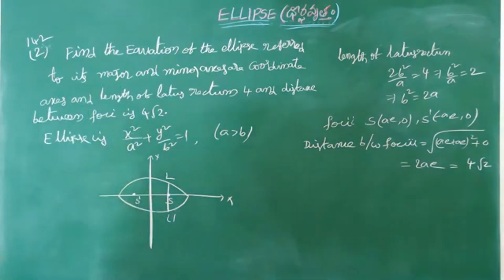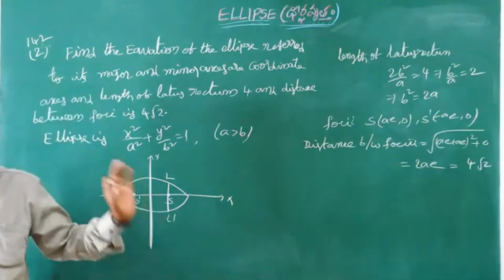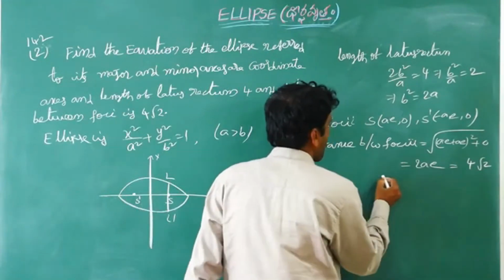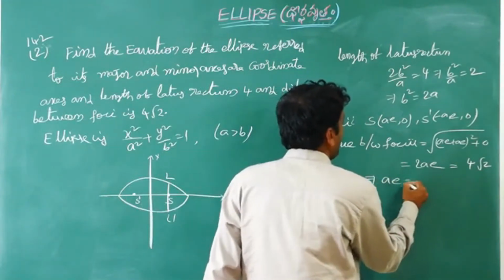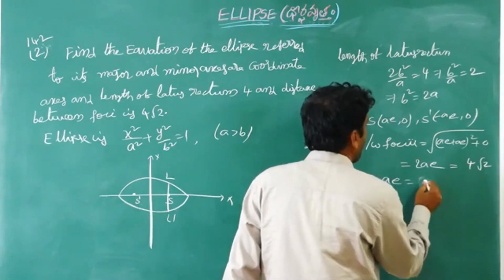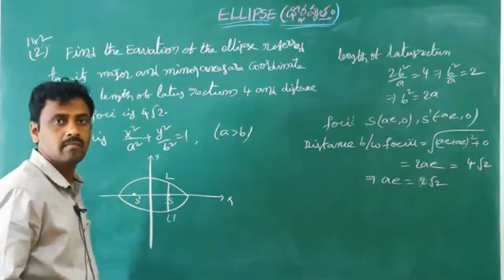So 2ae equal to 4 root 2, that implies ae equal to 4 root 2 by 2, that is 2 root 2. ae equal to 2 root 2.